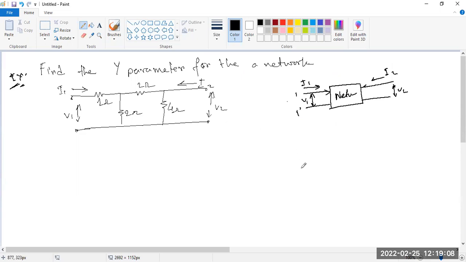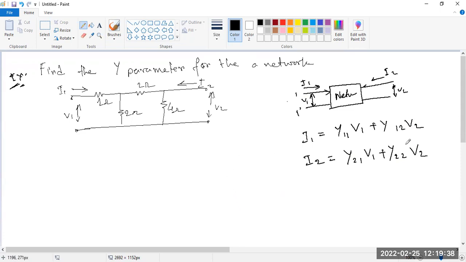We can represent this network by the admittance parameter, the short circuit admittance parameter. The I1 current is given by Y11 V1 plus Y12 V2, and I2 is Y21 V1 plus Y22 V2.